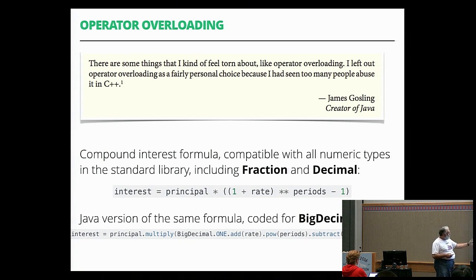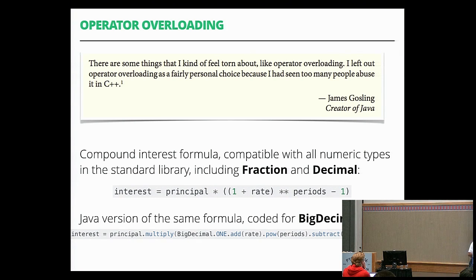Because look at this. This is the compound interest formula in Python. And this formula is very similar, it also works in Java if you're using floats. But suppose you're doing banking, which is likely if you're working with interests. Then you need a precise representation of money values, so you're going to use a class like Decimal that offers that.